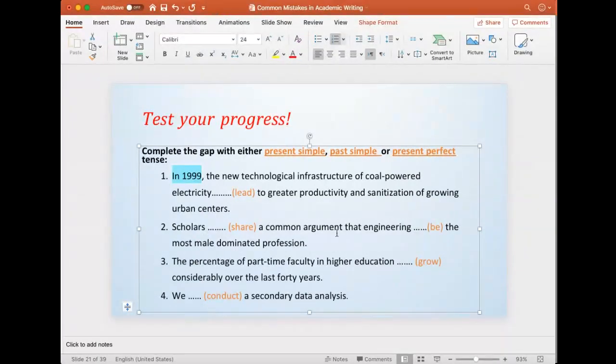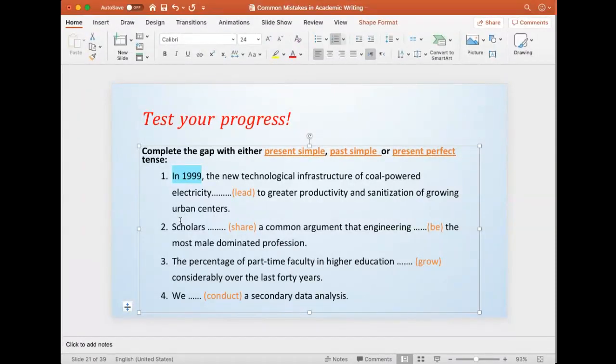The second one, scholars share a common argument that engineering blank the most male-dominated profession. So what do you think, which tense? Some of you say this in the present perfect, okay? And others say it's in the present simple.